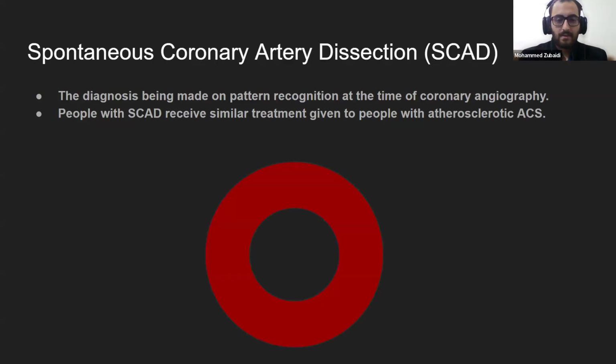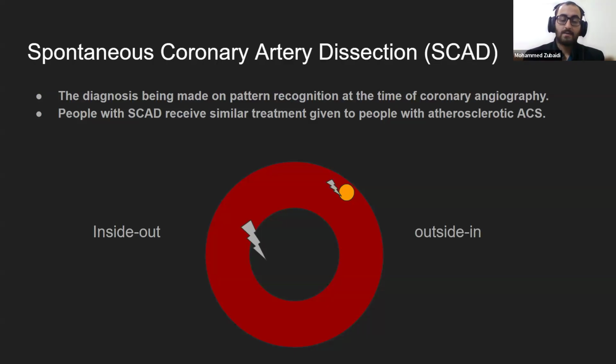So I have a very small diagram here. Imagine if this was a cross-section of the coronary vessel. What is the pathophysiology of SCAD? It could be either an intimal tear, and this intimal tear causes blood to sweep into the vessel wall, called the inside-out approach, or this orange circle is a vasa vasorum, and this vasa vasorum could rupture, causing intramural hemorrhage.